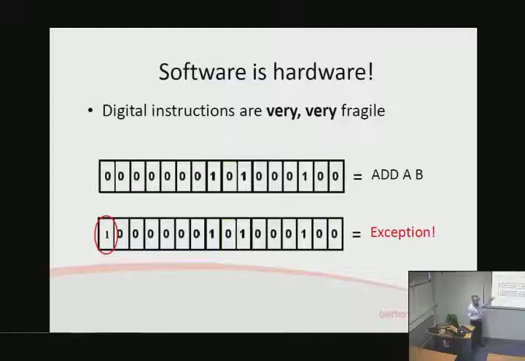But here the problem happens in spades, because if we corrupt that bit there, we can have a completely different instruction, and that will generally cause the program to crash or behave in an utterly unexpected manner. So again, this point about a brittle system that does not degrade gracefully. And there are methods by which we can defend against this brittleness, this fragility of digital systems.